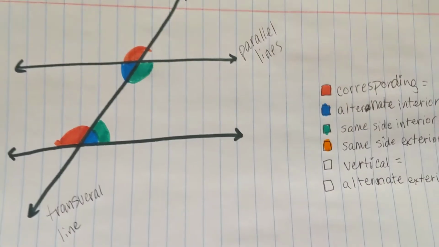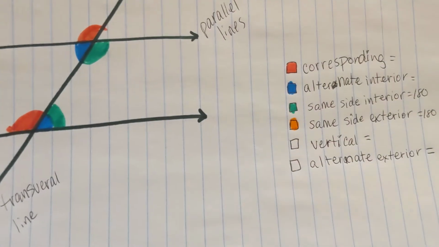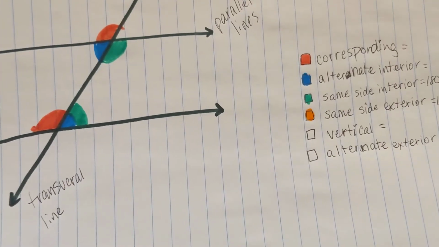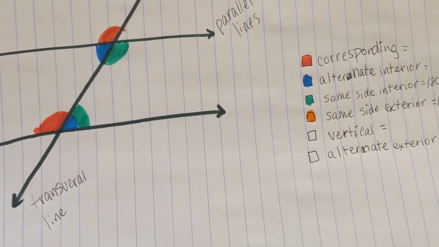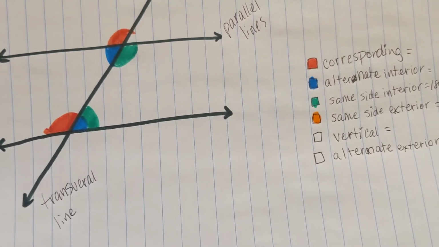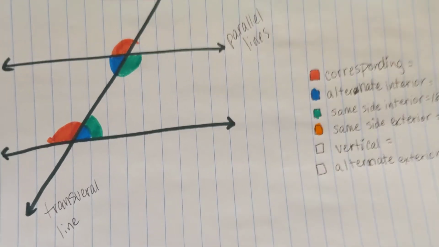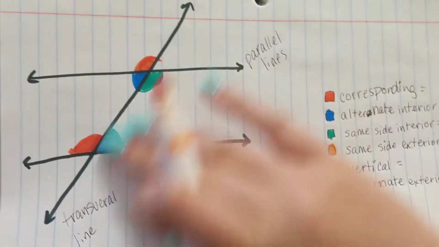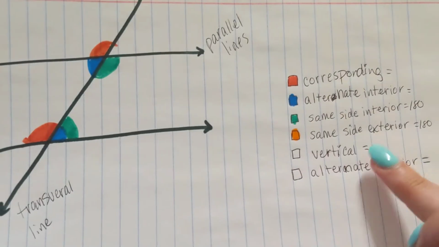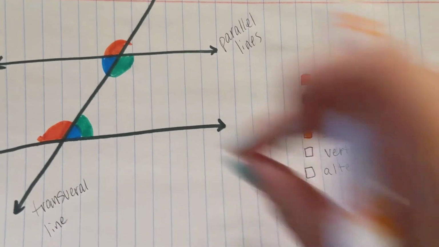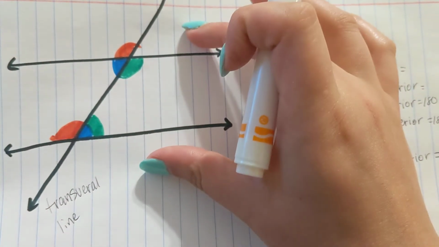So next, we're going to look at same side exterior. So again, we're looking at that rule with the transversals. So if I've got my same side exterior, I'm going to be on the same side of the transversal line. I'm going to stay over here just for the sake of argument. And I have that it's exterior, so it's going to be on the outside of the parallel lines.